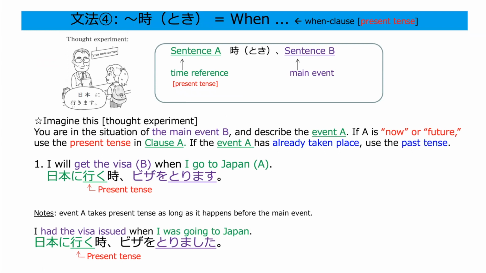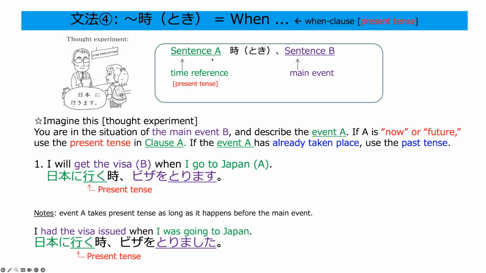Grammar number 4, when clause. Okay? Again, before you watch the rest of the video, please read the section first. Then I'll come back to this one because I'm not going to explain it in detail. I'm just going to give you the whole picture, to identify the main point of this grammar.